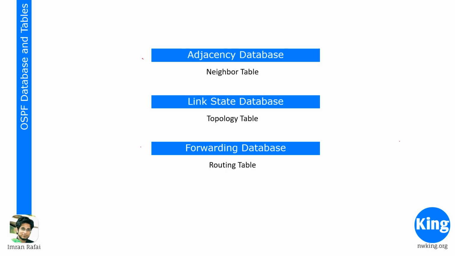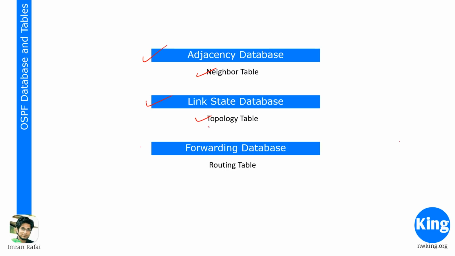So there is an adjacency database. The neighbor table is derived from the adjacency database, so if you do show ip ospf neighbor, that is the table you see. Similarly, you have an LSDB, which we looked at last time, and the topology table, right? Again, the topology table is the command for checking. The topology table does not even work in Packet Tracer.